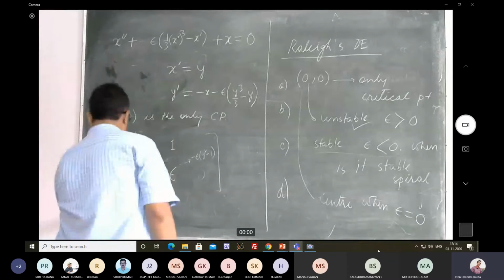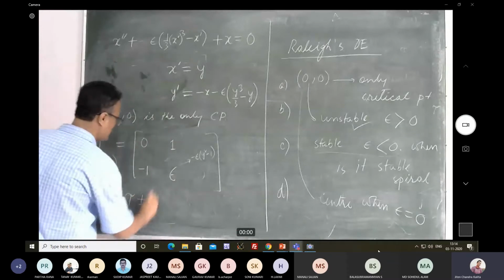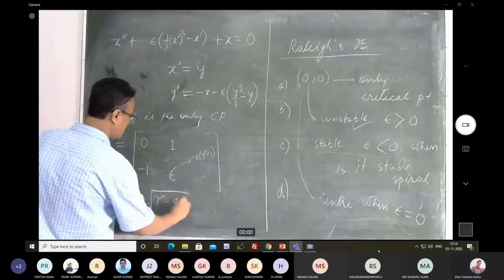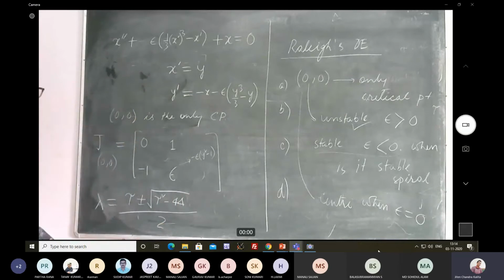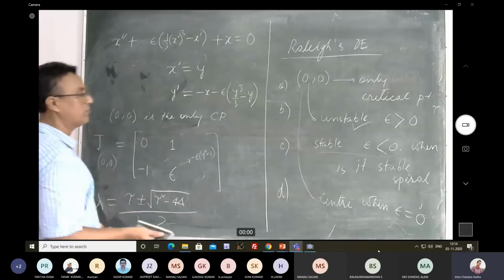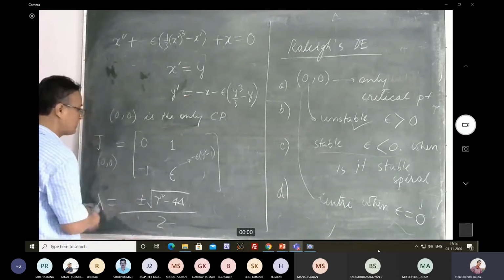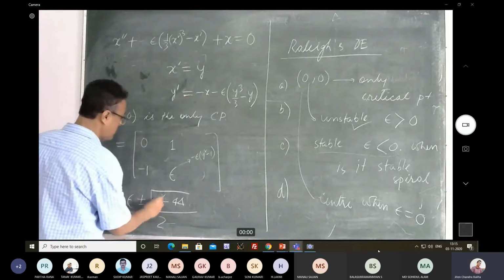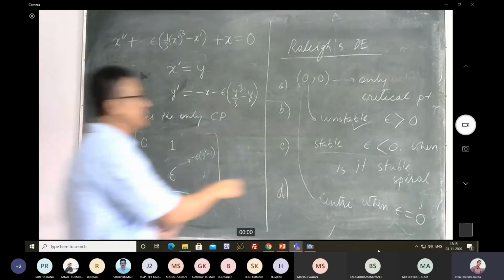So now your lambda is equal to tau plus or minus the square root of tau squared minus 4 delta, all by 2. I have already found out that tau equal to epsilon. Now I want a stable spiral.